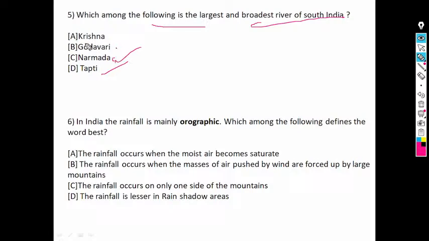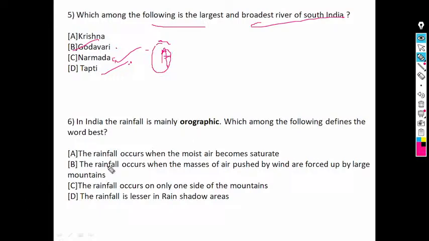Sorry, it is Godavari. Broadest river of South India. So it is the broadest and largest river. Here it is Krishna.